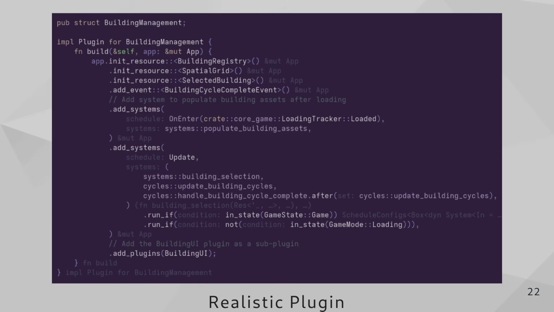So we have this plugin implementation, which in itself calls a smaller plugin. Building management has building UIs inside. So as we can see, we're building plugins all the way down. But there's no hierarchy in that sense. The building UI plugin isn't scoped in any sense to building management. You just use those same ECS queries just like you would for building management or any other plugin.